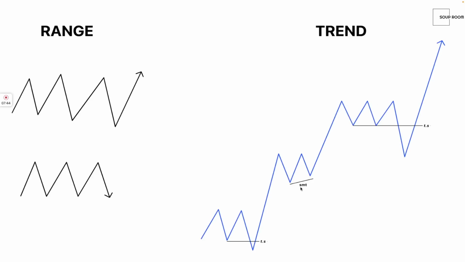After an expansion comes a range. After a range comes an expansion. That is key. You do not want to be taking trades based on trend when we are ranging. You do not want to be taking trades in a trend thinking we are ranging.